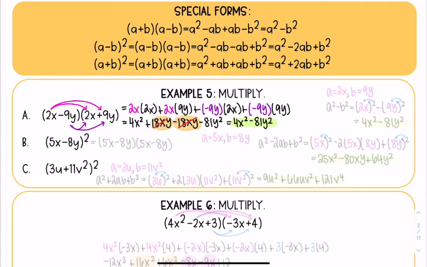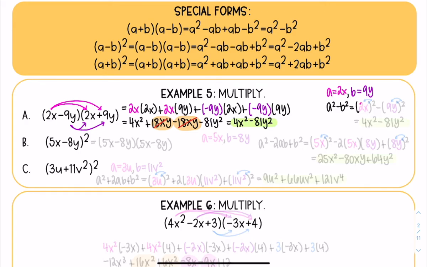If I was to use the formula, in this case, my a would be 2x, and my b would be 9y. And so we know we're supposed to get a squared minus b squared.